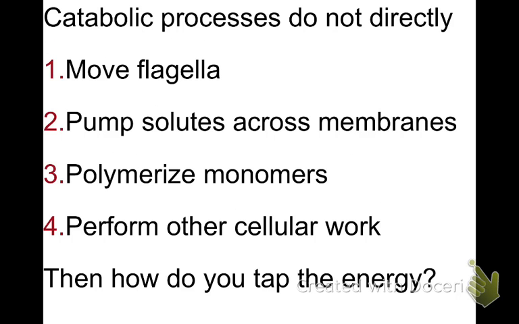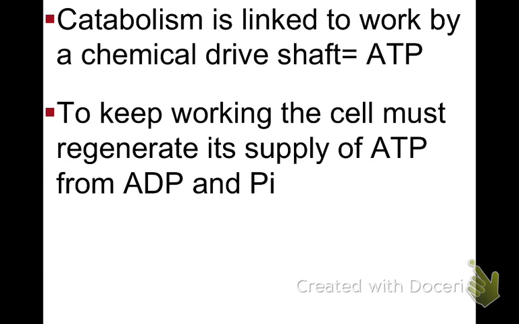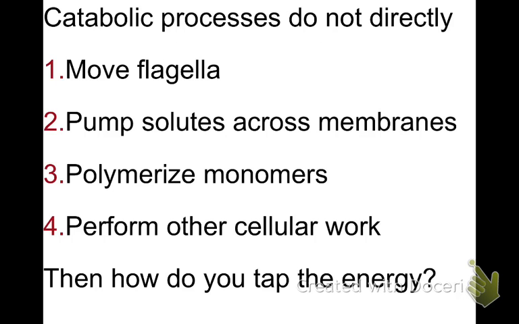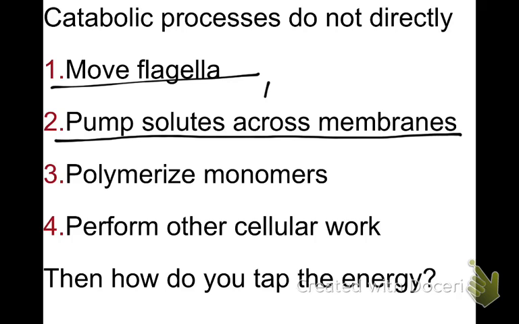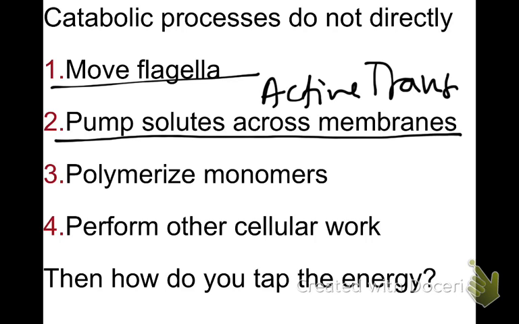Now, just because I have heat, I cannot move the flagella. I cannot pump solutes across the membrane. Remember, in active transport, I needed energy to move certain solutes from one side of the membrane to the other side.